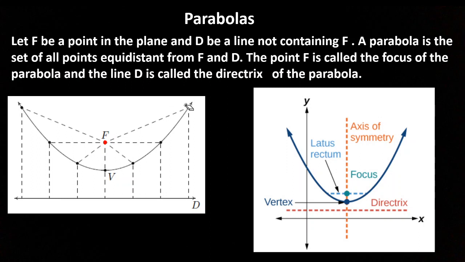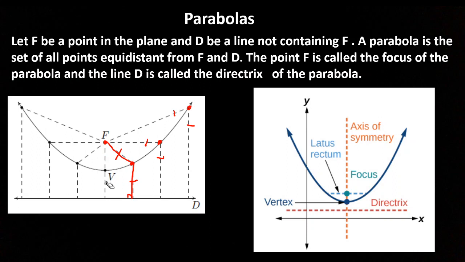Now, we're looking for the points in the plane such that if you connect the point to this focus and measure that distance, and then draw vertically to the line with a 90-degree angle and calculate this distance, if these are the same, then that point is on a parabola. And this is true for all of these points. You see, these distances are the same, right?